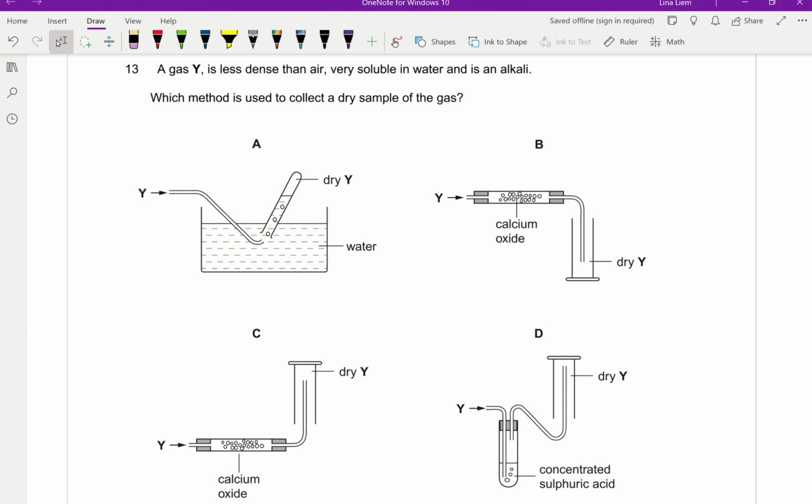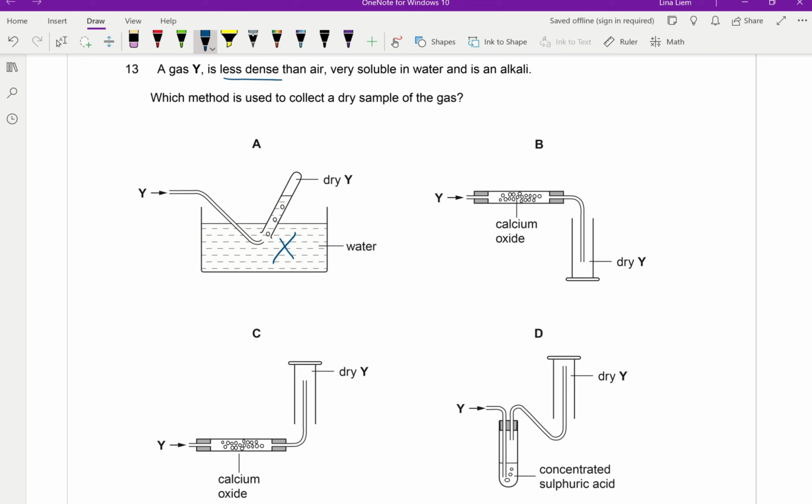Number 13. A gas Y is less dense than air, very soluble in water, and is an alkali. Which method is used to collect a dry sample of the gas? So because it's very soluble in water, we cannot have the water displacement method. So A won't work.